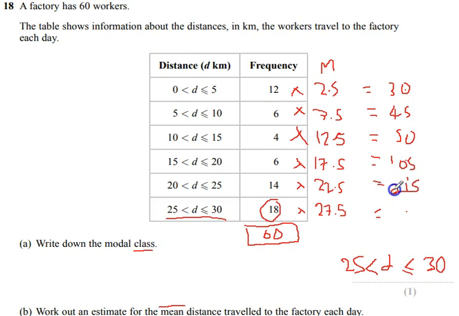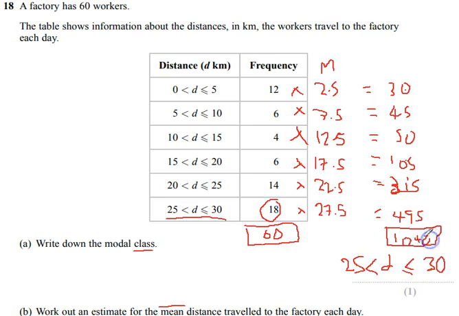315. And 18 times 27.5 gives us 495. We need to add all this up, so we get the total here, 30 plus 45 plus 50 plus 105 plus 315 plus 495 equals 1040.